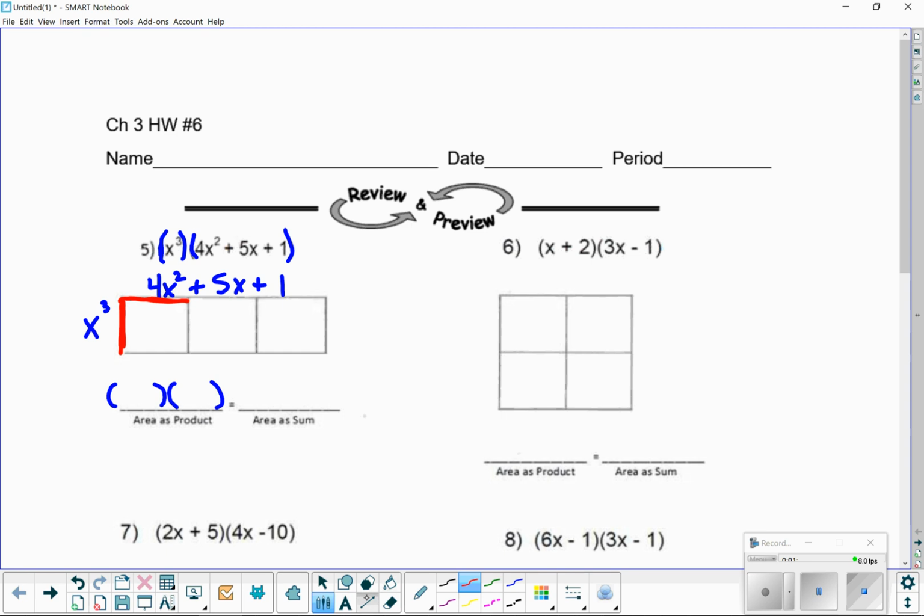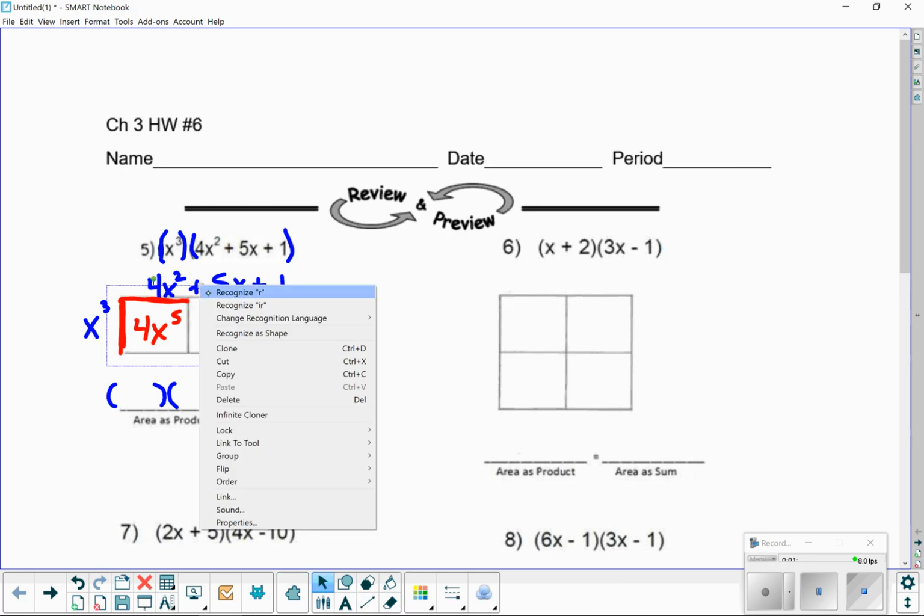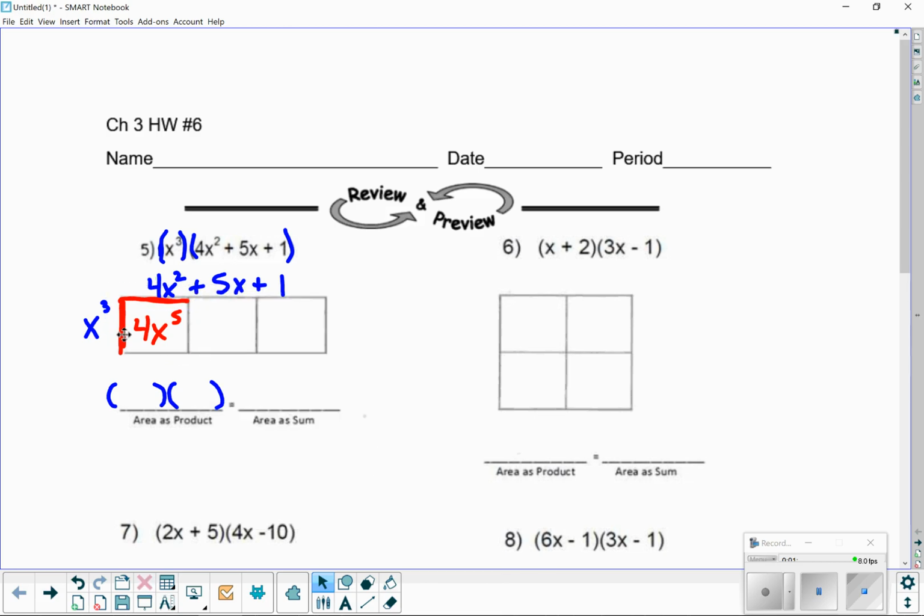Right, so to do the work, I have to multiply x to the third, which is the length of that, times 4x squared, which is the length of that. So that's going to give me 4x to the fifth. If I'm doing the next one, I need the length of this, which is x to the third, times the length of that, which is 5x.